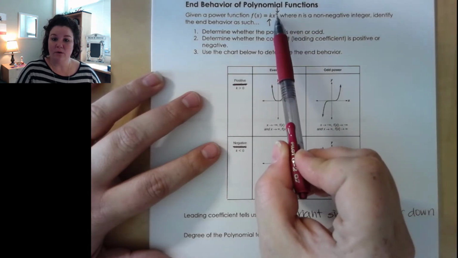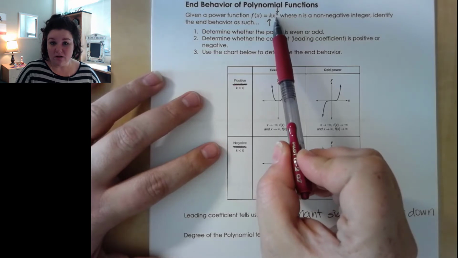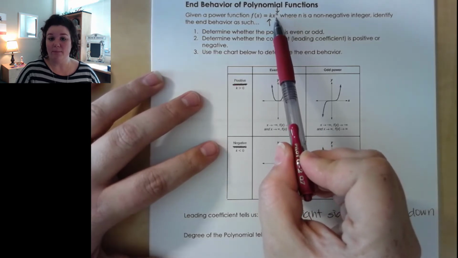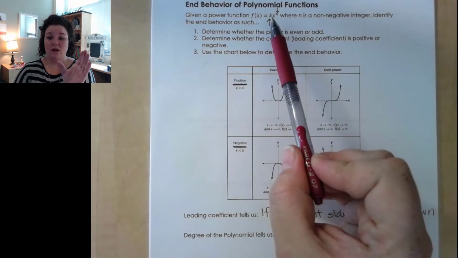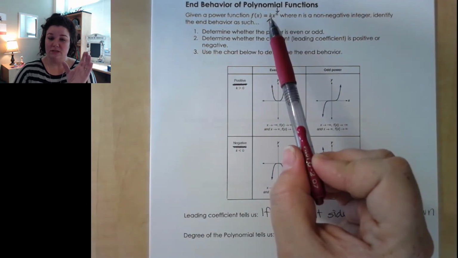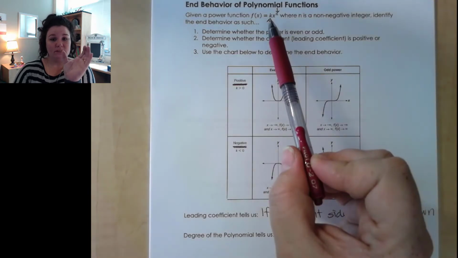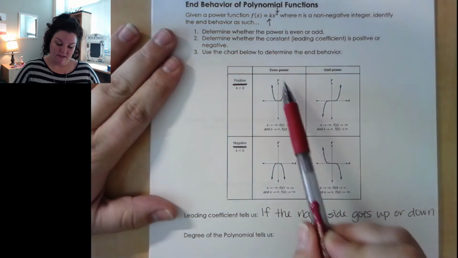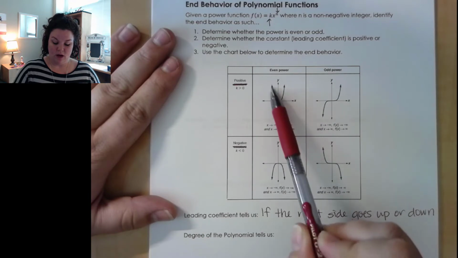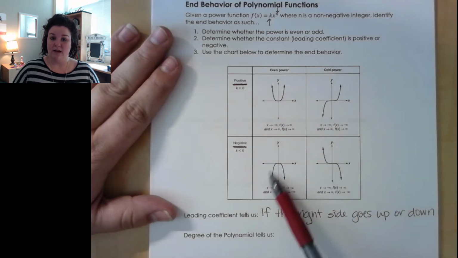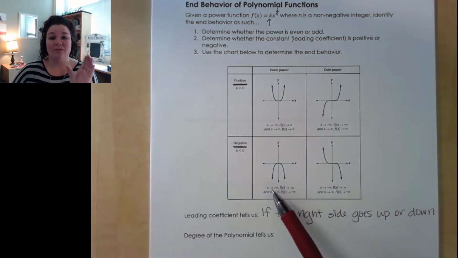If the highest power of x is an x squared, for example, that would be a parabola. Notice x squared is an even power, 2 is even, and with a parabola both sides go up. So if it's an even power, both sides go up or both sides go down. The ends go the same when it's an even power.